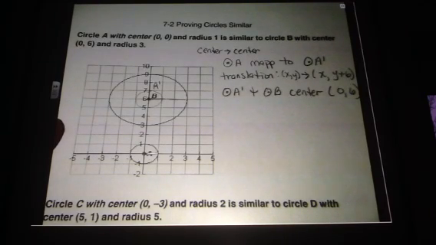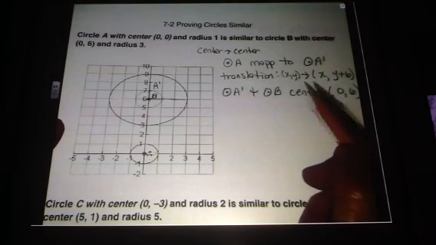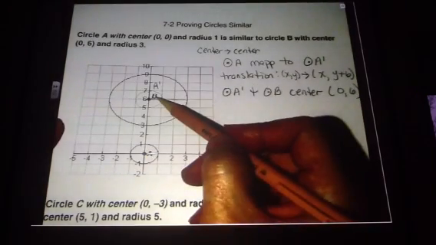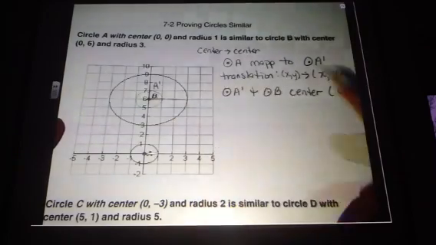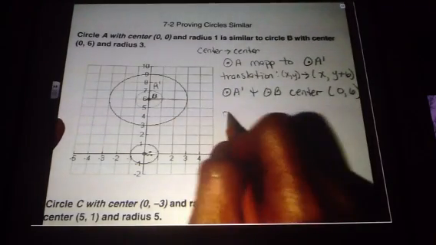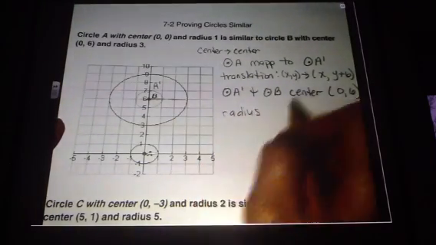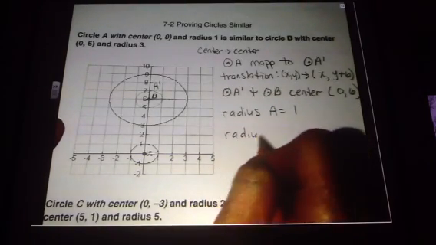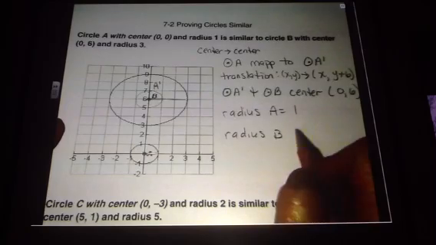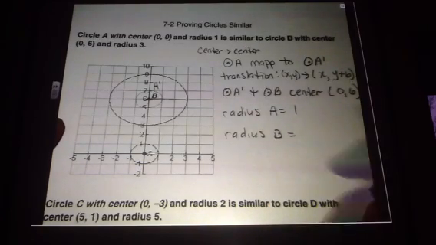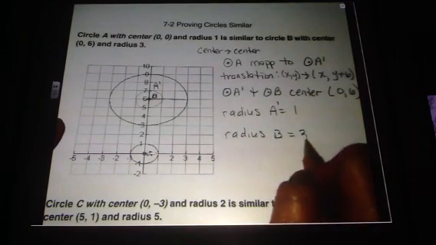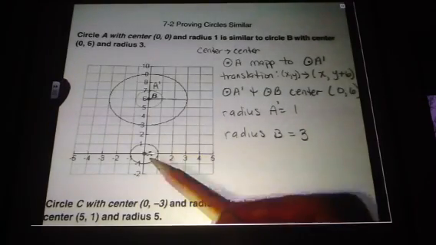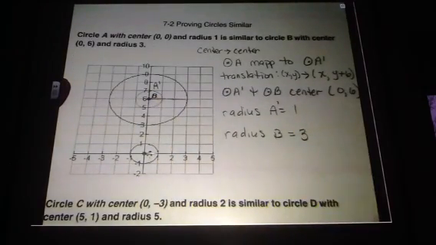Okay? When I did that, how do I get from A to B here? All right? So my radius of A is 1, and my radius of circle B, let's call that A prime, is 3. So if you notice, I go from a small circle to a large, so it's an enlargement.